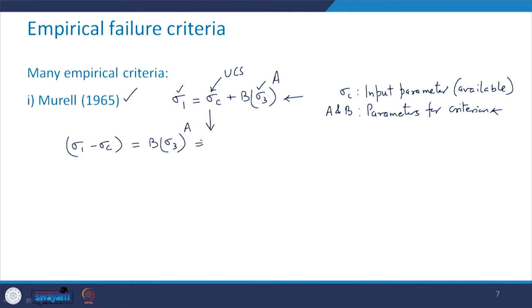Now, you take the log on both sides of the equation and see what you will get. Log of (sigma 1 minus sigma c) is equal to log of b plus a log of sigma 3. Now just imagine that the left quantity is y and log of sigma 3 is x.